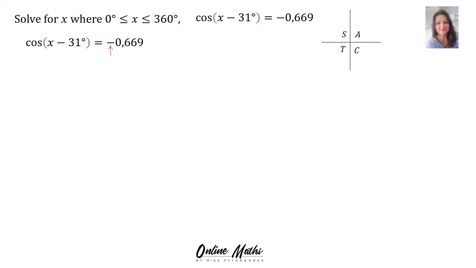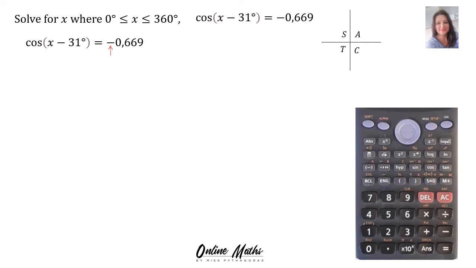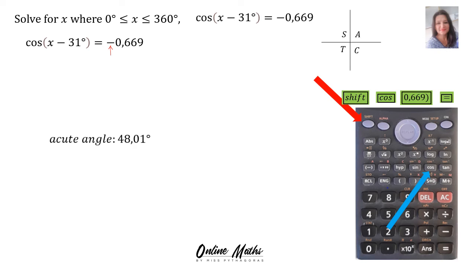So you will say with your calculator, shift cos 0,669 close bracket. Can you see no minus equals? And then your acute angle or your reference angle is then positive 48,01 degrees.